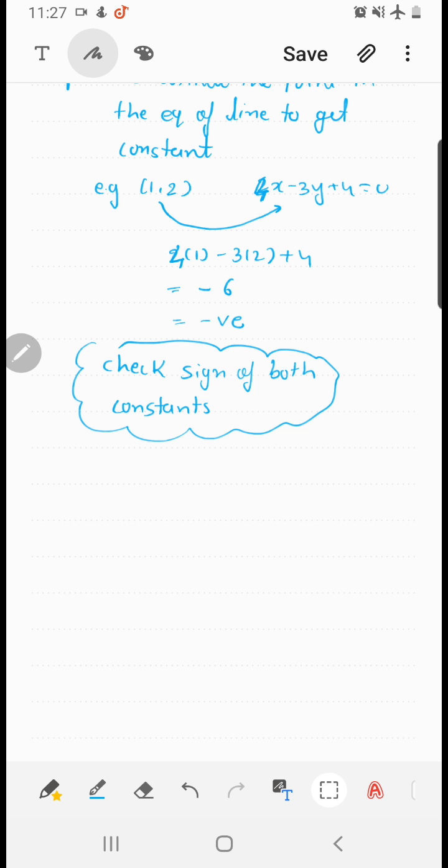Okay, after doing that, in step number 3, we follow a table. Now the sign which you are using would be either same or different.